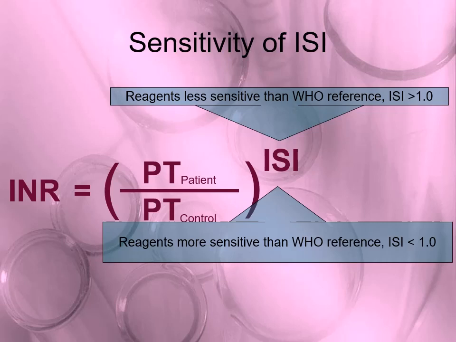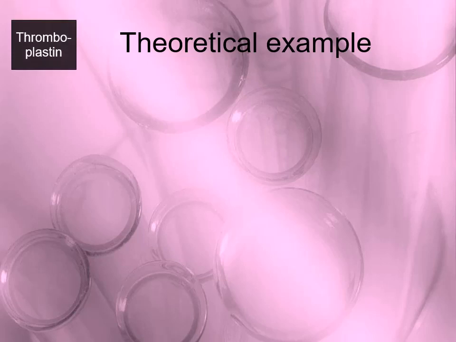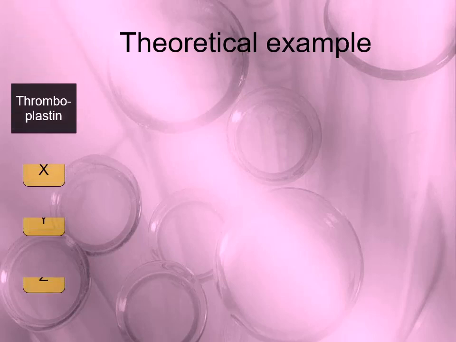In theory, all reagents will give an end result exactly as the WHO reference, as it's corrected by using specific values in the formula. Let's take this example to illustrate the point that, in theory, all thromboplastin sources should give the same INR result. Let's assume we took 3 different thromboplastin reagents, X, Y, and Z, and we used them for one sample taken from a specific patient.